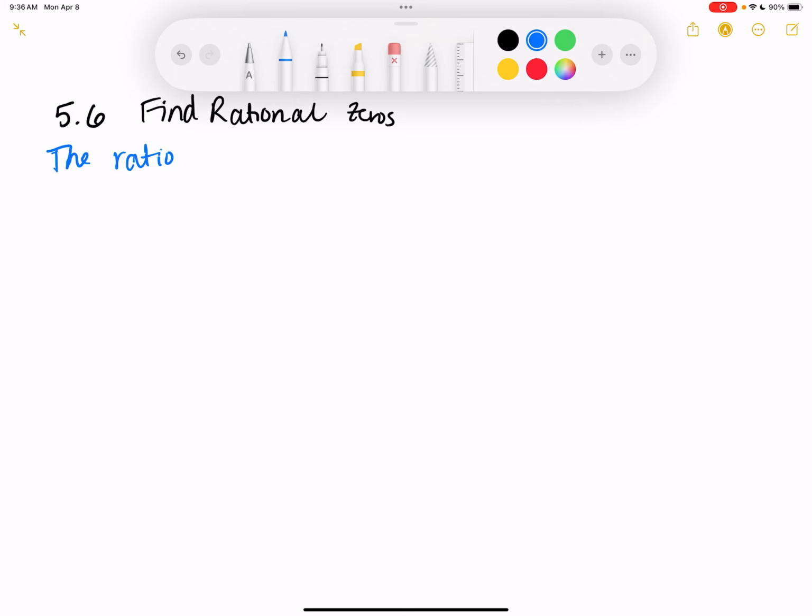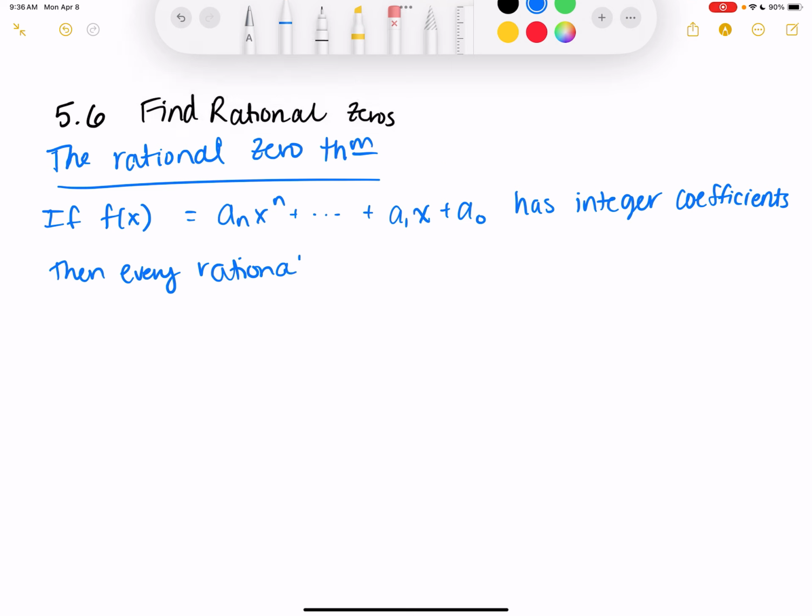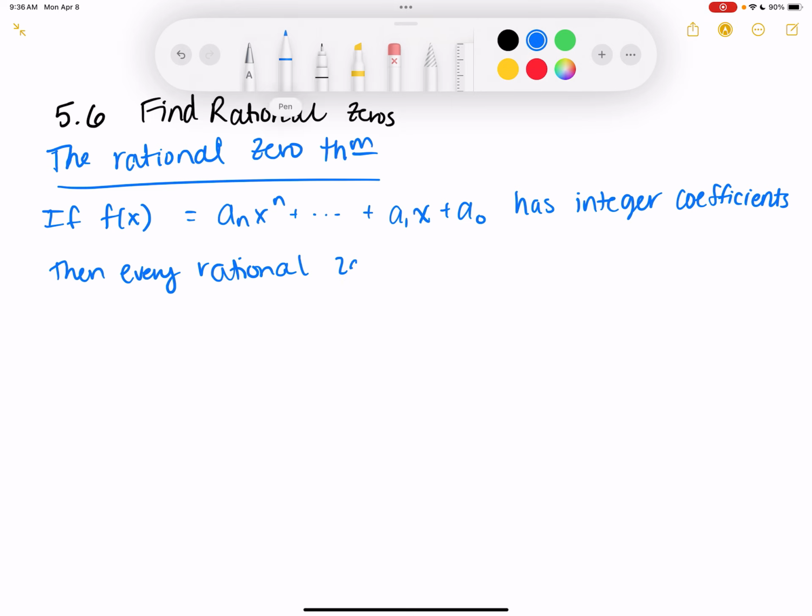The rational zero theorem says if f of x is equal to a sub n x to the n plus dot dot dot plus a sub 1 x plus a sub 0, so I just shortened it down, has integer coefficients, then every rational zero of f has the following form.